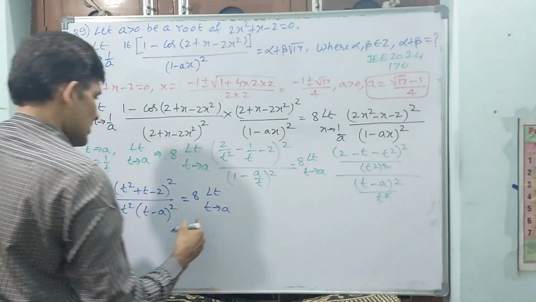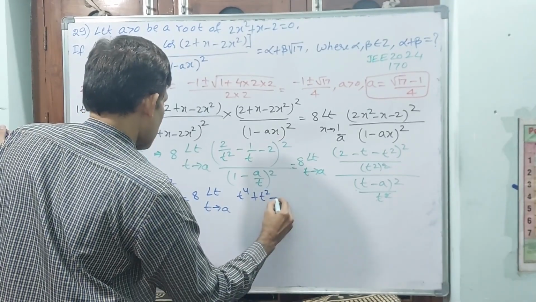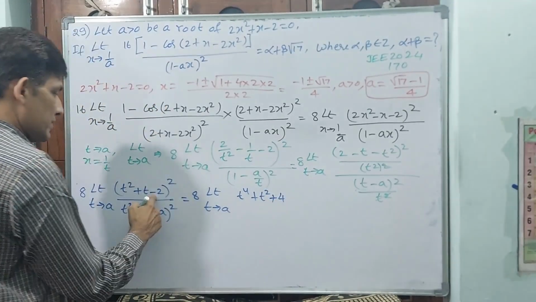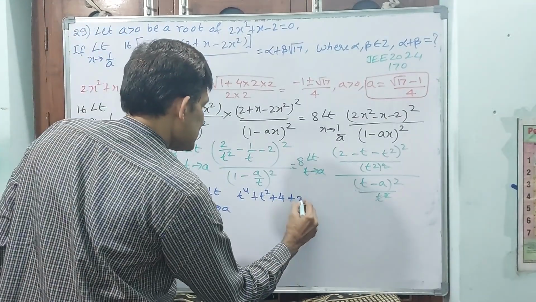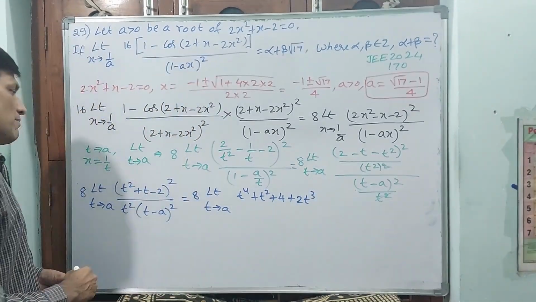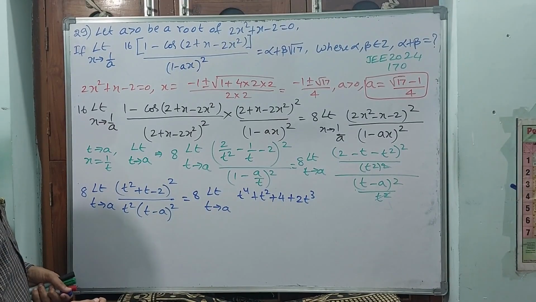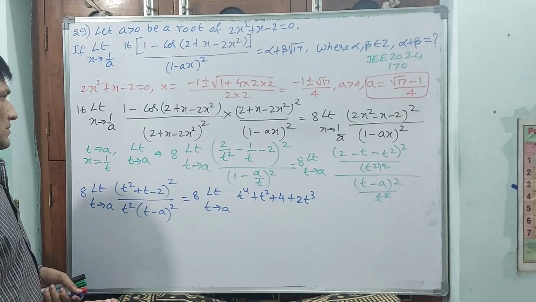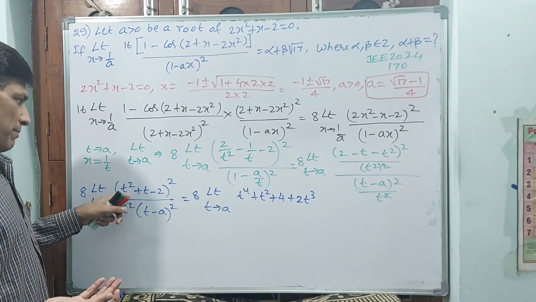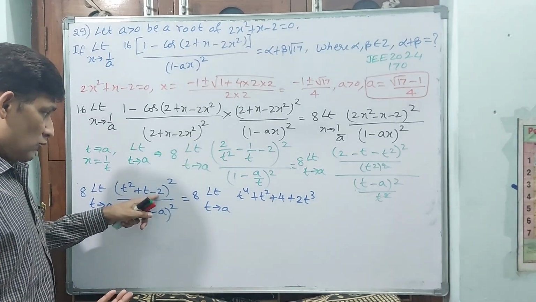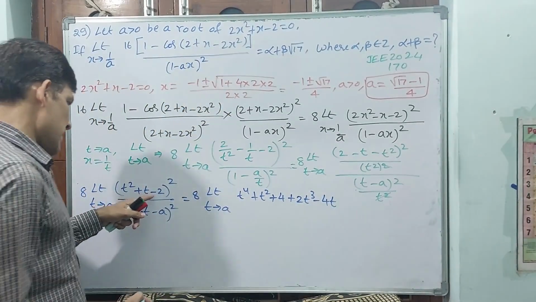So a² + b² + c² plus 2ab, 2t³, plus 2ab minus 2bc, 2 into 2 is 4, minus 4t, minus 2ca, minus 4t².